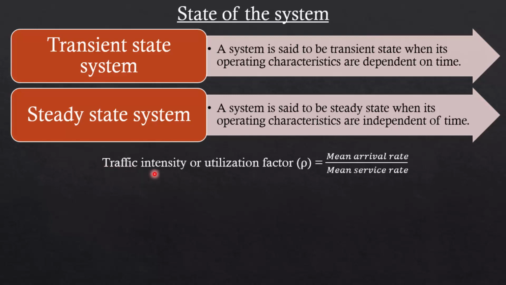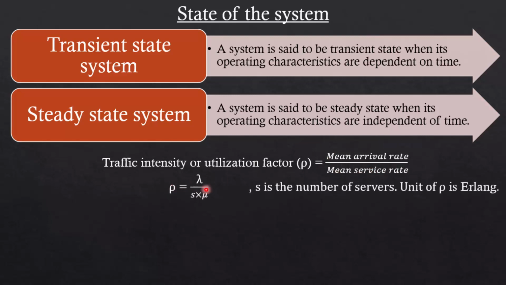Now let us understand one variable here. It is called traffic intensity or utilization factor. It is represented by rho. The utilization factor shows the amount of time the server is being utilized, and it is given by the ratio of mean arrival rate to the mean service rate. Mathematically, rho equals lambda by s into mu.